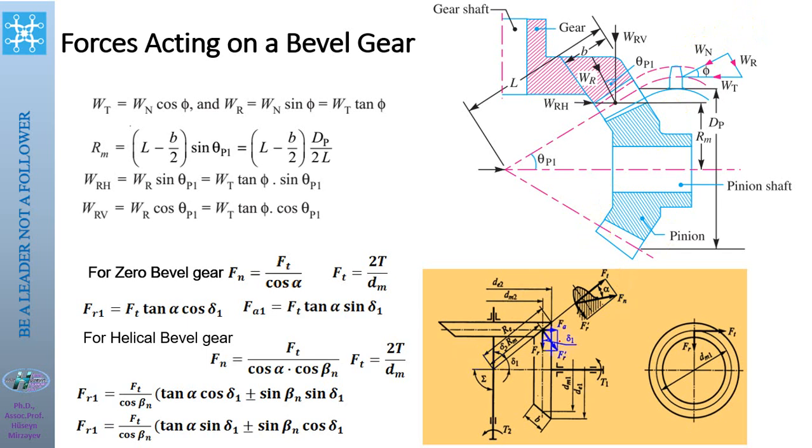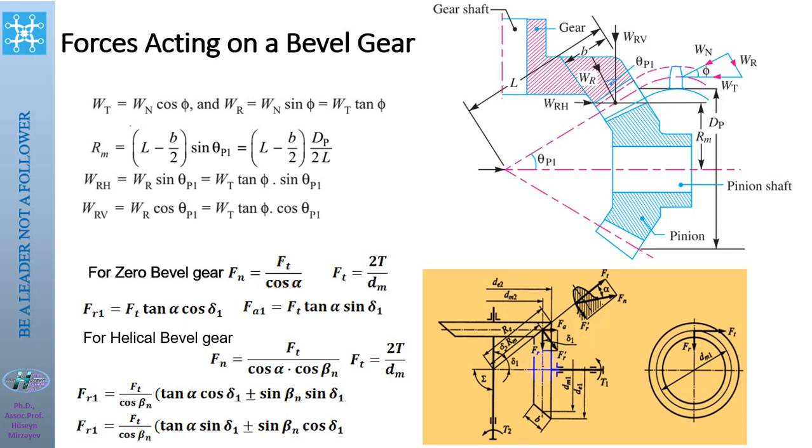Fn is divided into two components. One component is the tangential force Ft, and the other component is the radial force. But this radial force, Fr prime, is also divided into two components.